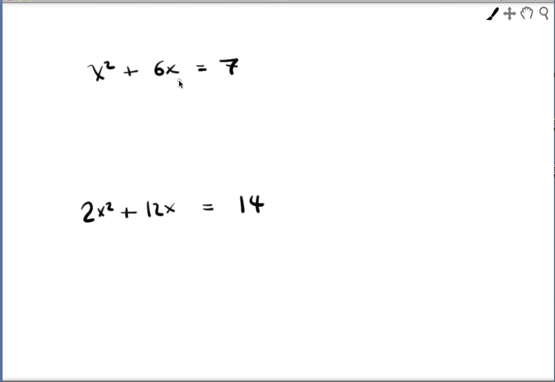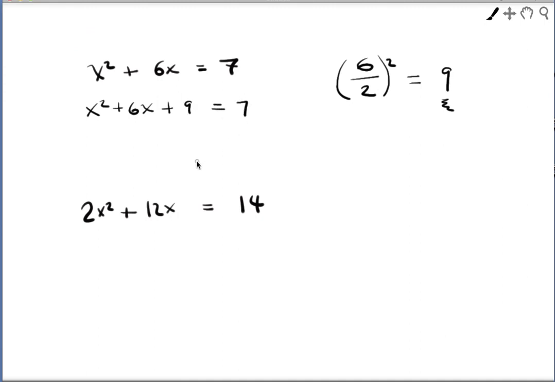Notice that the x squared and x terms are isolated over here, and what the technique says is you take the coefficient in front of the single x. In this case it's 6. You divide it by 2 and you square the whole thing. 6 divided by 2 is 3, and 3 squared is 9, and that is our magic number that we will add to both sides to create a perfect square trinomial, like so.